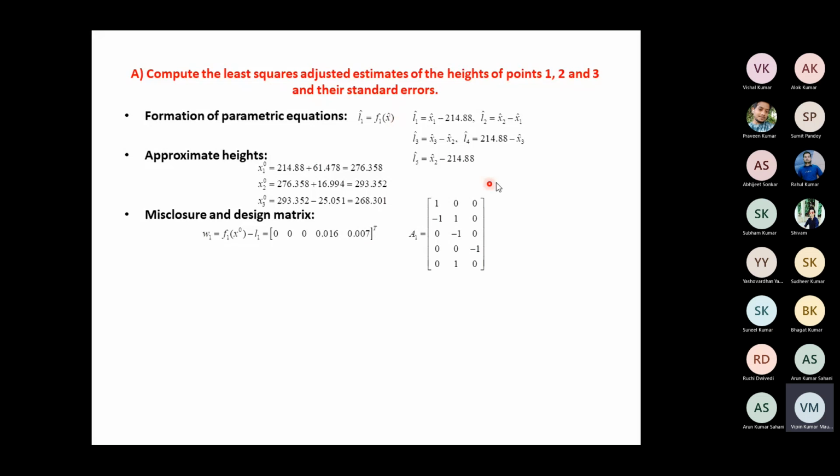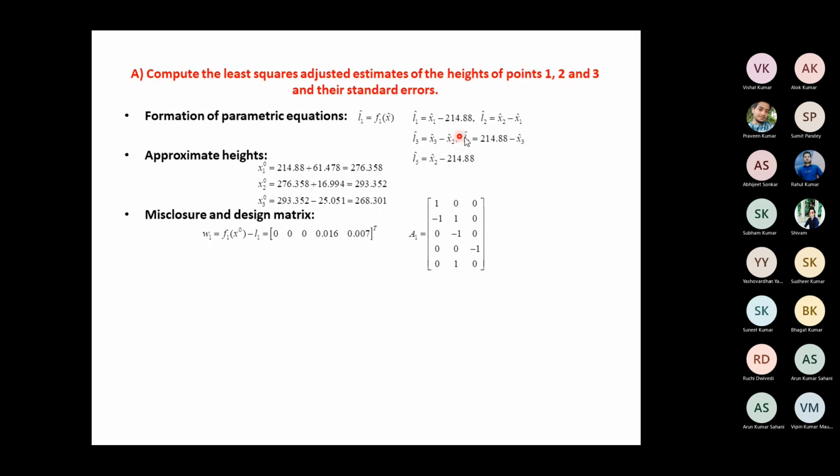From this matrix, if you want to see the design matrix, the parameters are x1, x2, and x3. So this line is for x1, this is for x2, this is for x3. Whenever you are making the design matrix, the variable is only x1 for L1, not x2 and not x3.